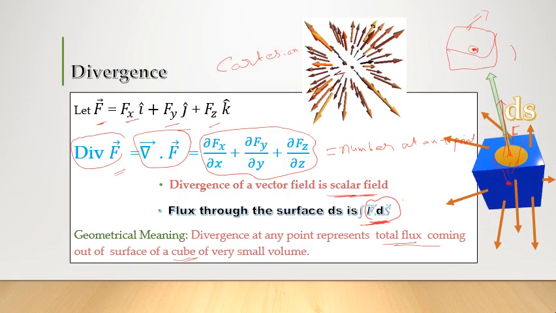In the calculus sense, you make that cube volume go to 0, and in that sense we have to calculate the divergence. Once again I will repeat, divergence at any point represents total flux coming out of the surface of a cube of very small volume. This is the geometrical meaning.